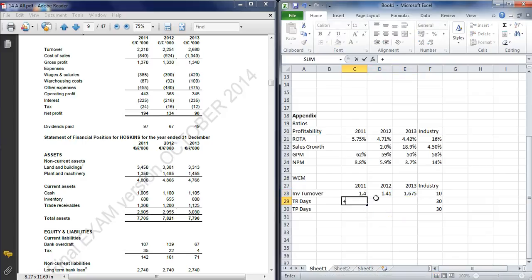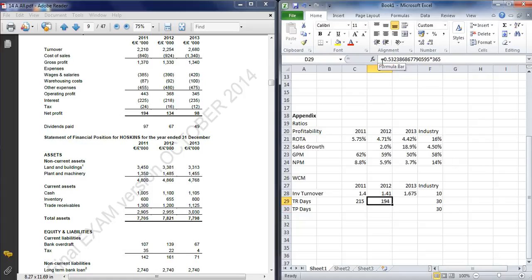Trade receivable days will be trade receivables, which is 1300, 2011, divided by sales times 365. So it's 214 days. Let's do them here. 214 days in 2011. 2012 it is 1200 over 2254 times 365.